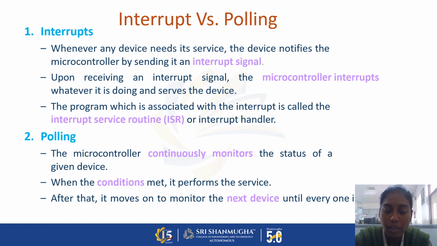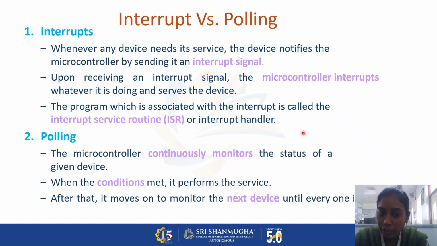Another method is polling. In the polling method, the microcontroller continuously monitors the status of the given devices. If three devices are connected to the microcontroller, all three devices' status will be continuously monitored. Whenever a device needs service, the microcontroller does the service for that device.